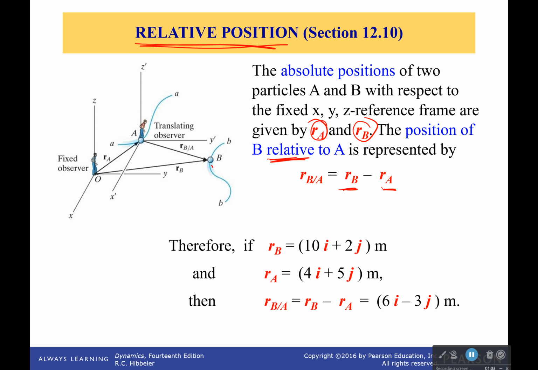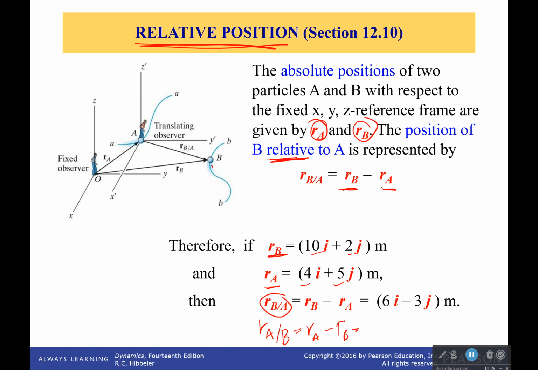So if we want to do a little example here, if we know what the position vector of B is, it's 10i, 2j. And the position vector of A is, well, that's 4i and 5j. Then our position vector of B relative to A is going to be subtracting them. And similarly, my position vector of A relative to B would be doing the opposite.